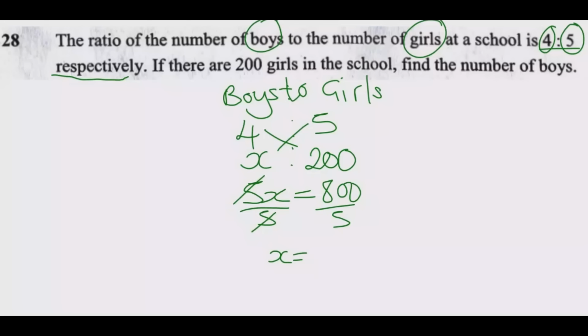Then we divide. 5 into 8 goes 1 time, leaving a remainder of 3. Then 5 into 3 can't, so we put 3 together with this 0, giving us 30. 5 into 30 goes 6 times, remainder 0. Like I said earlier, when the remainder is 0 and the next number is 0, this 0 is dropped down to make it 160.